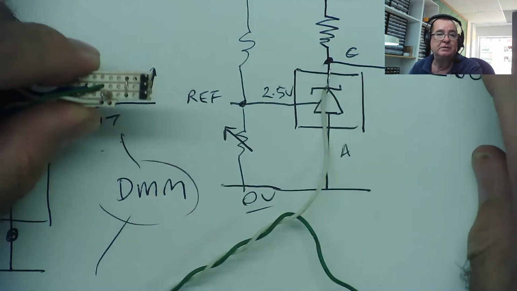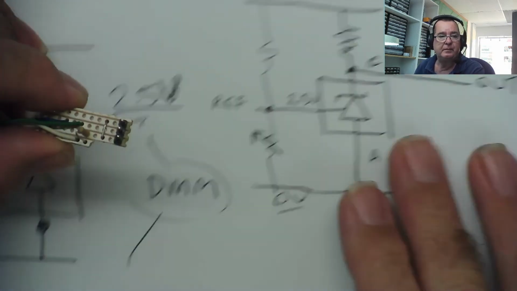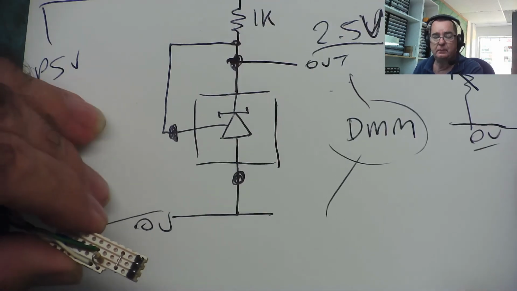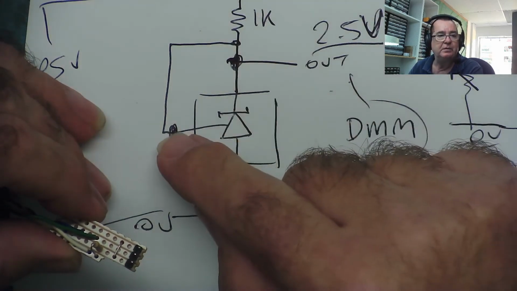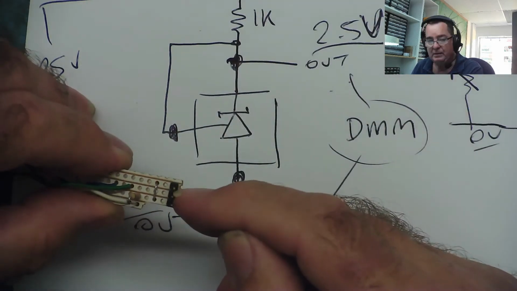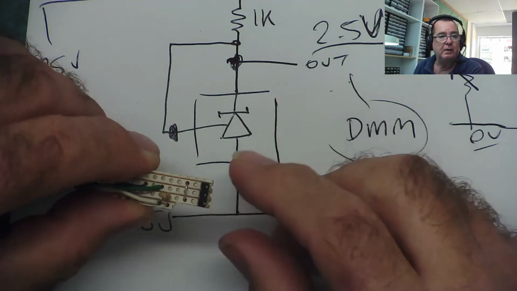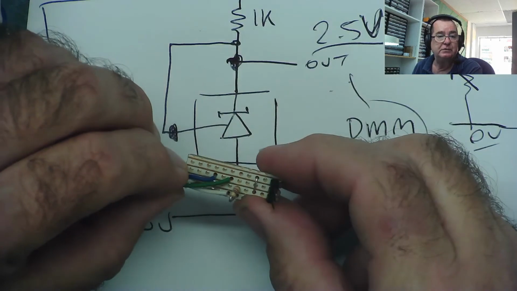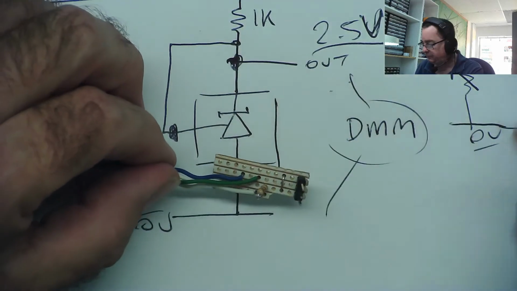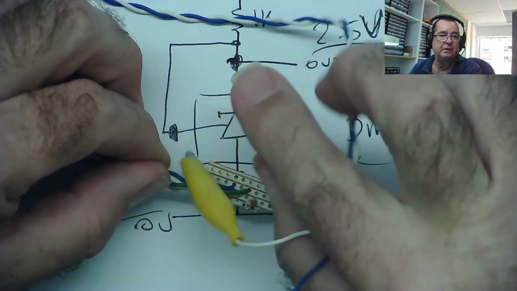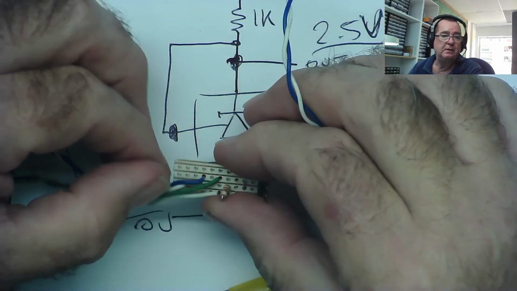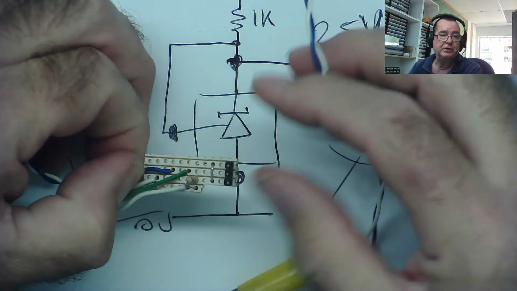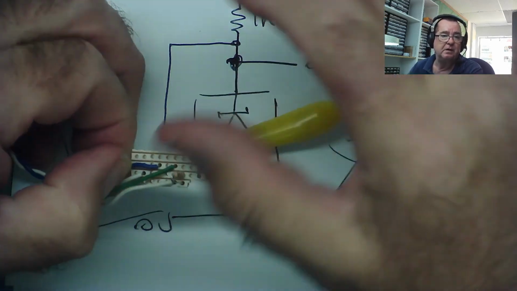These two ends, one of them is out, and the other one is ref. In the middle is 0 volts. It shows you on the data sheet, that's how it is. So the green is 0 volts, ground. I have 2 more wires on this. The blue wire is also ground, and it goes to a little crocodile clip.